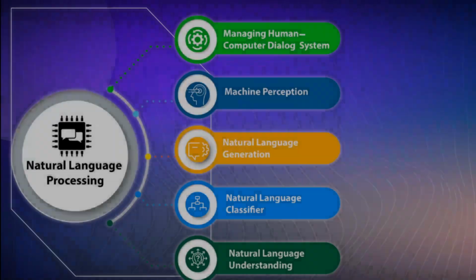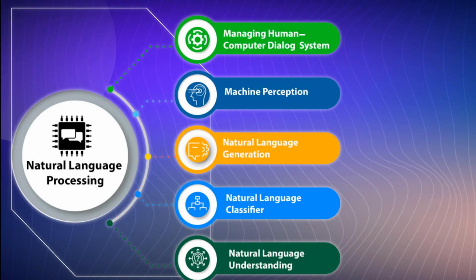So for our introduction, we are first going to jump into natural language processing, which everybody in my class knows. Natural language processing is the branch of artificial intelligence that focuses on enabling machines to understand, interpret, and generate human language. It combines computational linguistics, rule-based modeling of human language, with statistical, machine learning, and deep learning models.